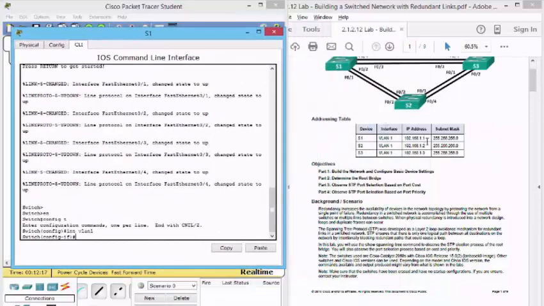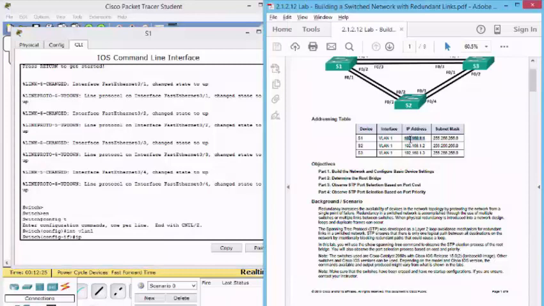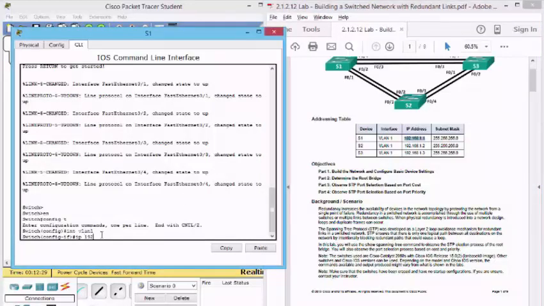IP address 192.168.1.1, with subnet mask 255.255.255.0.